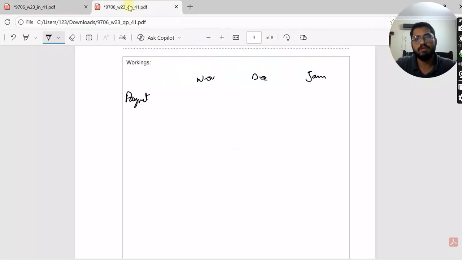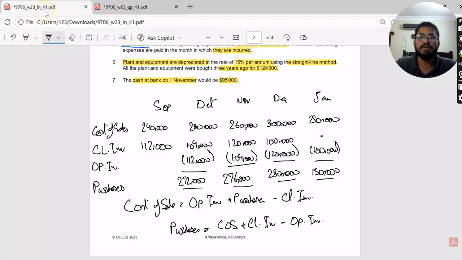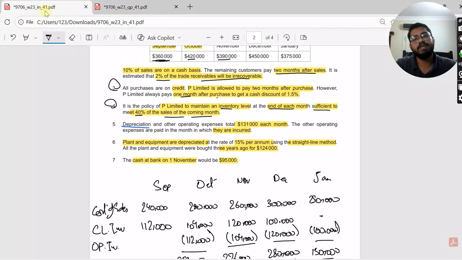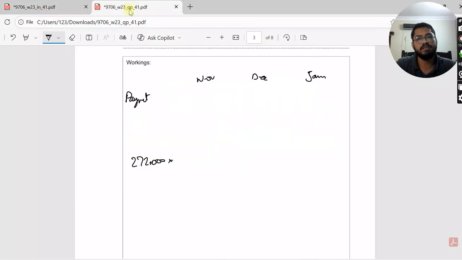So what we'll do over here is that we'll take 272,000 and multiply it with how much? We'll multiply it with 98.5%, as we are getting a 1.5% cash discount. 98.5%.